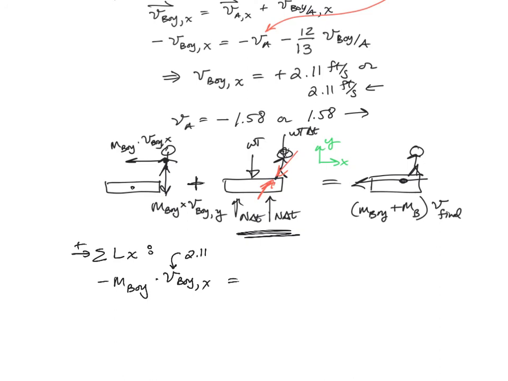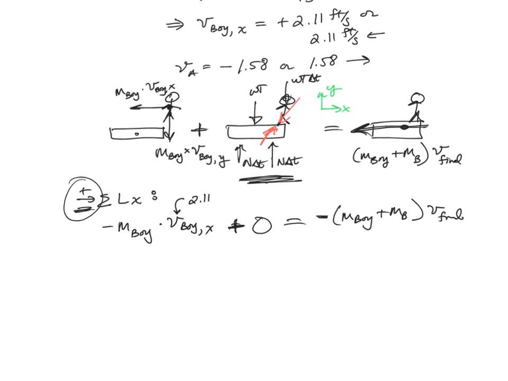That's going to equal, now I've got 0, I should go plus 0, and then that's going to equal minus the sum of the masses, so the mass of the boy plus the mass of B times V final. All right, and again, it's negative because I've drawn the arrow opposite what I've used sign convention for.